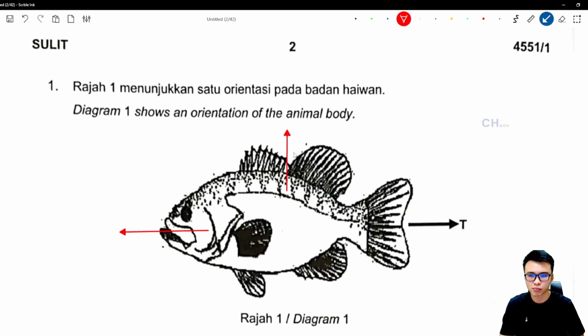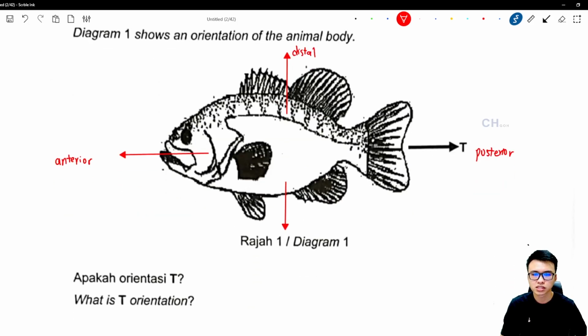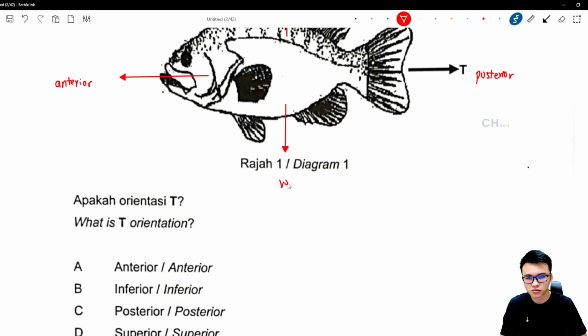Basically, when we talk about fish, there are 4 directions. The first one is the anterior. Pointing upwards, this one is dorsal. Backwards, posterior. Downwards, ventral.